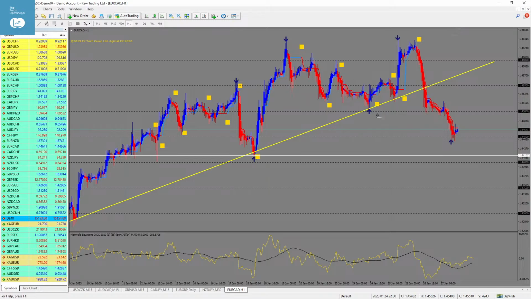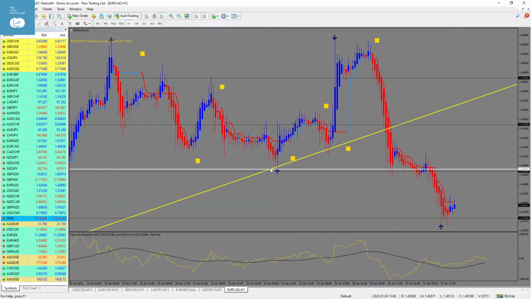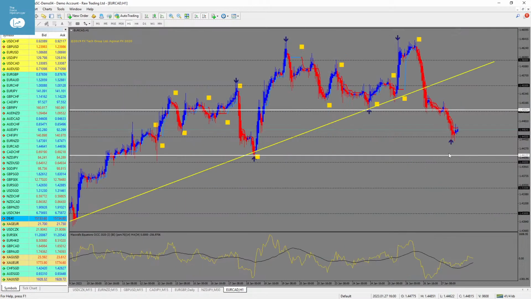And on the upside, we have resistance here. You can see we had support at this time, and it now acts as resistance when price came back. Maybe it retests this on Monday. And then if it goes further down, we could target this level here.